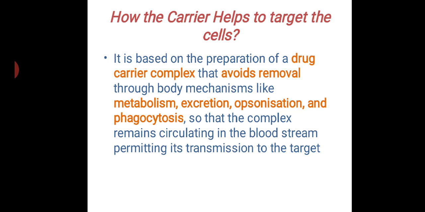It bypasses the excretion, opsonization, and the phagocytosis. So what are the various methods for removal of the drug from the body? These carriers overcome these removal or elimination mechanisms, thereby the drug is present in large quantity in our body.